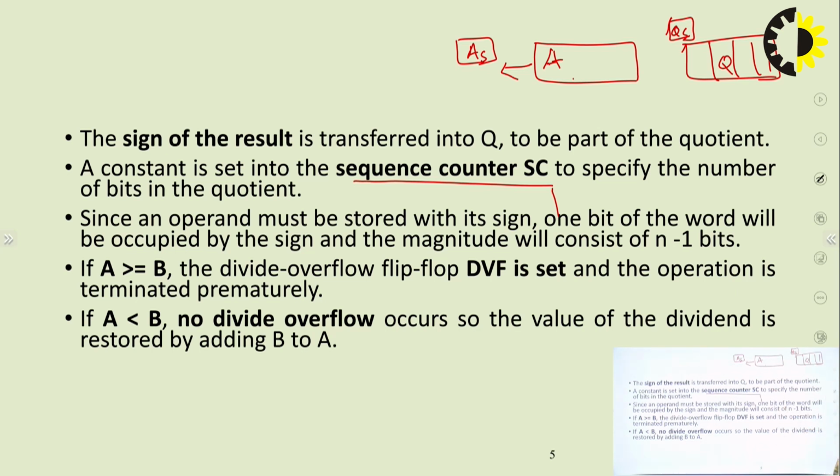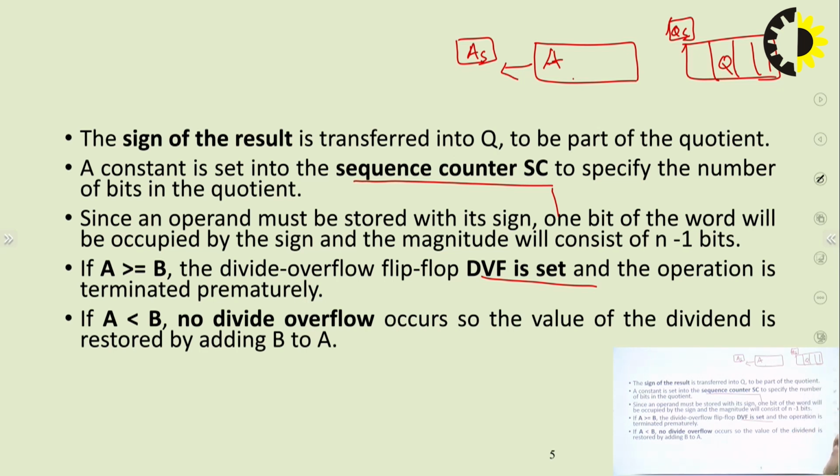If A is greater than or equal to B, then the divide overflow flip-flop DVF is set and the operation is terminated prematurely. This comes from the rule that there should be no division overflow. If our dividend is smaller than the divisor, then we can't perform the division algorithm because there is a division overflow.